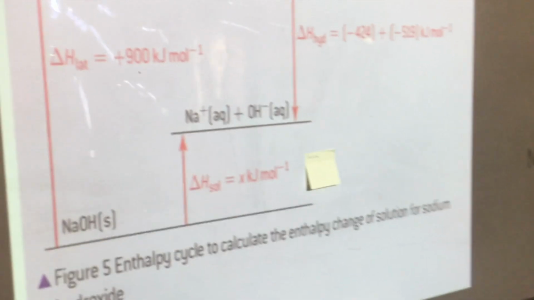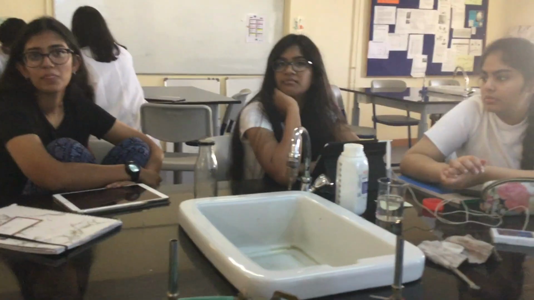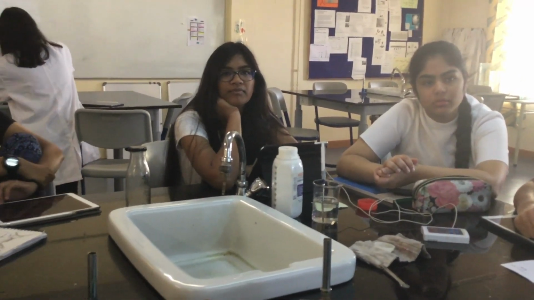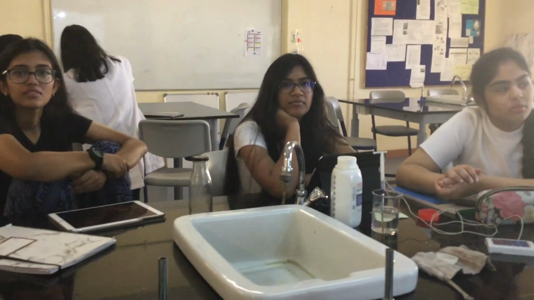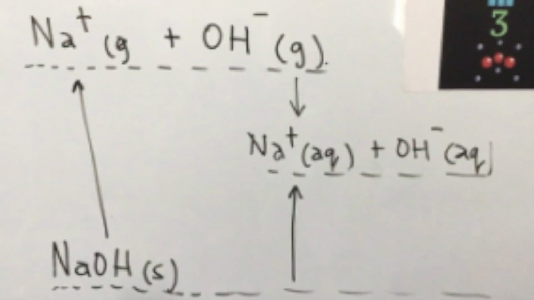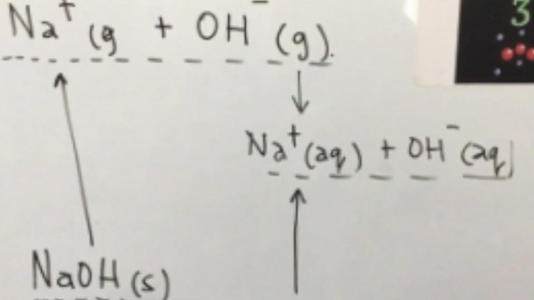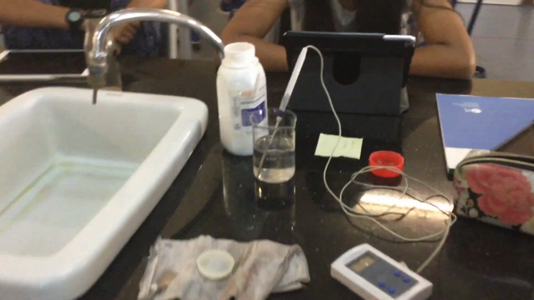Again, is that something that you think we can do easily in a chemistry lab? You're talking about getting sodium into a gas. Which of these three things here is the easiest? The solution. Right, it's the solution, and that is the one that we actually did.